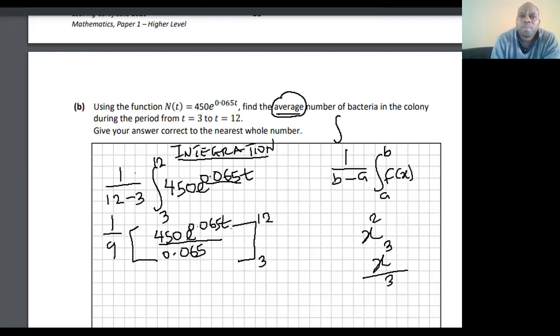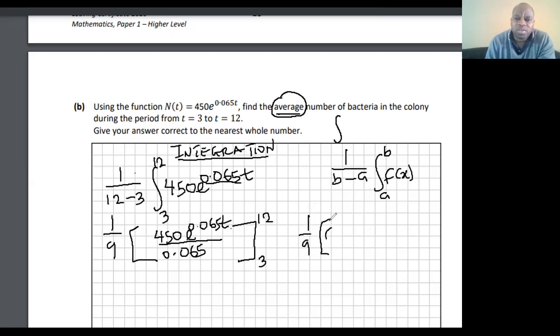So that is that. And then all you need to do is divide 450 by 0.065. So 450 divided by 0.065, and we have 1/9.